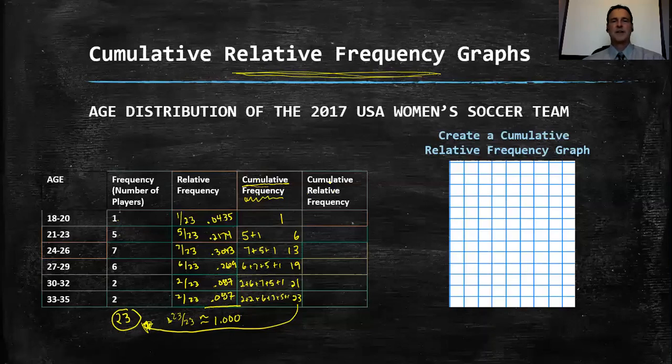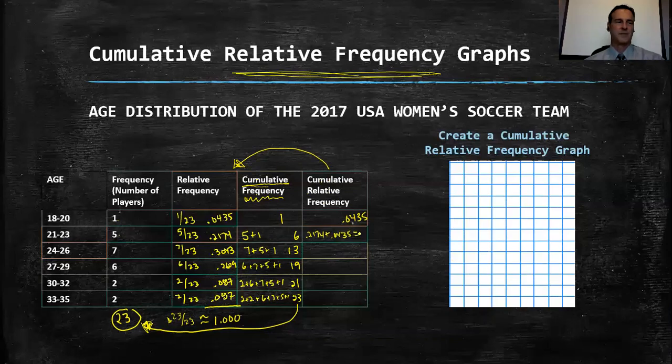Now if I did the same thing for cumulative relative frequency, I'm going to add everything up from this group. The first part will start the same, 0.0435. And then the second cell, I'm going to have 0.2174 and add to that 0.0435.